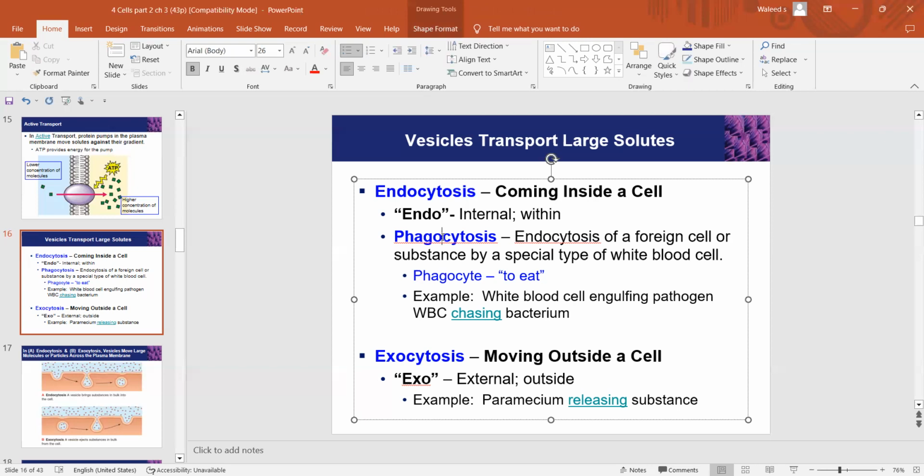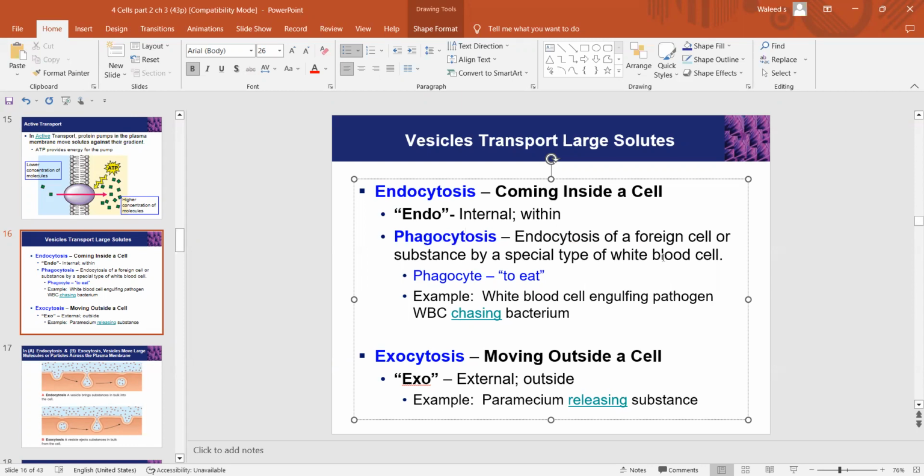What's phago? Phago is a prefix that means eat. Cyte, cell. Osis, process. The process of how the cells eat something, meaning it moves in.